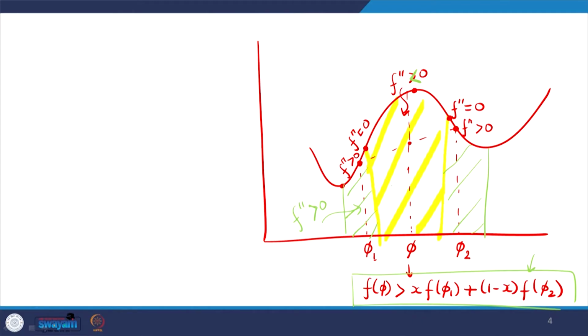So, these two regimes of the phase diagram are referred to as unstable and stable regions. And what it really means is that, let's say my phi1 and phi2 are in the stable regime, then even when the equilibrium state is a state which is phase separated, the system does not have a tendency to go there.